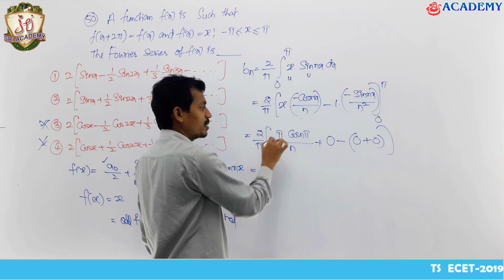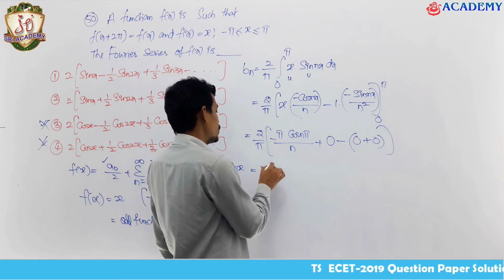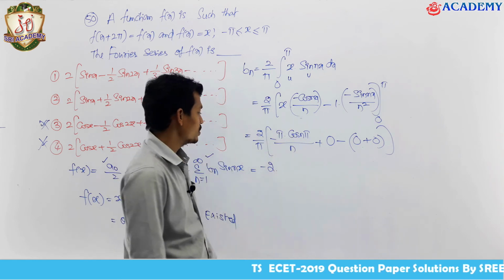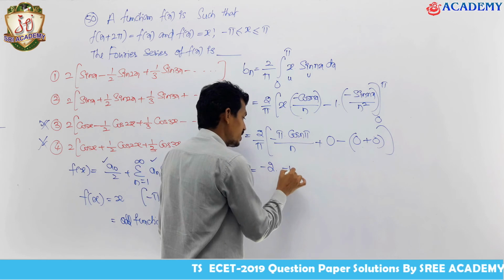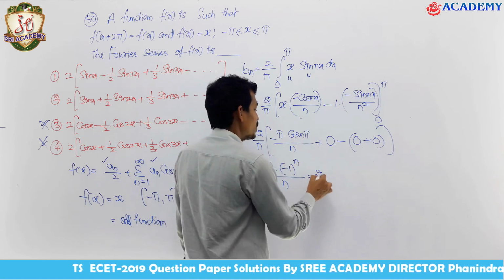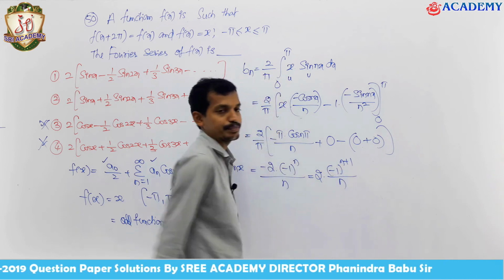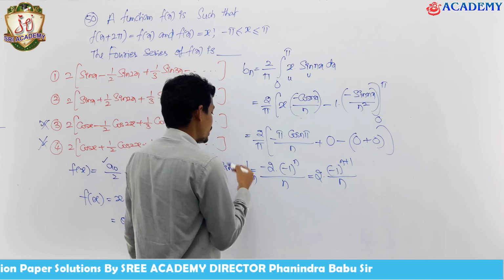Pi gets cancelled, only one term, that is minus 2 into cos n pi, which is minus 1 to the power of n divided by n. We can write this as 2 into minus 1 to the power of n plus 1 divided by n. This is going to be your Bn.